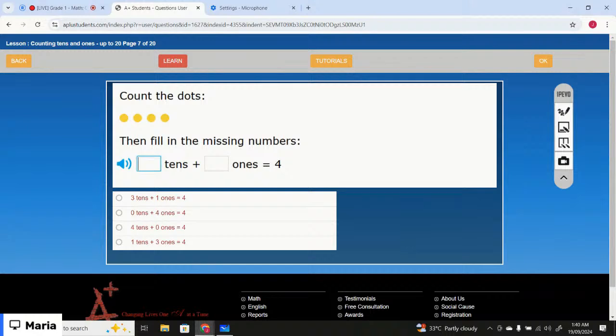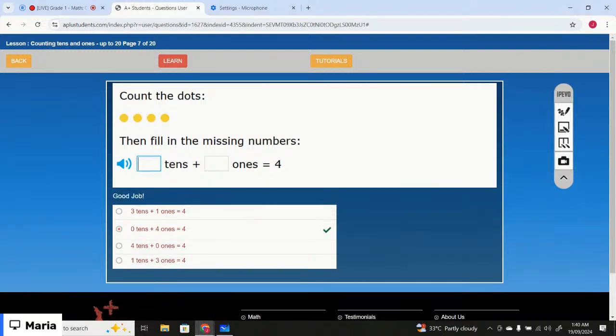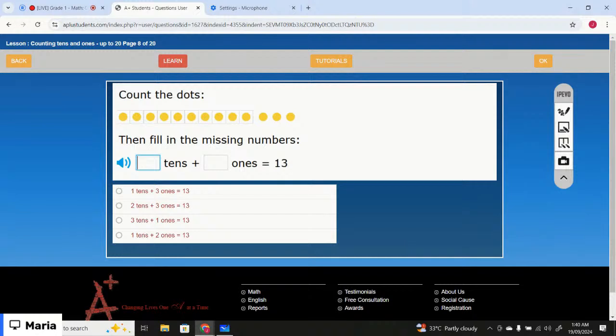The correct option is 0 tens and 4 ones. Option number 2 is the correct option. Got it? Count the dots.